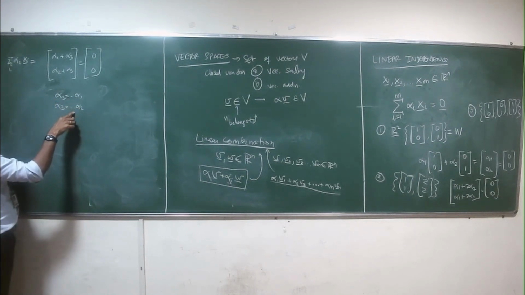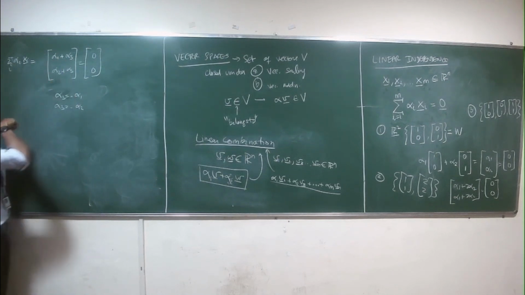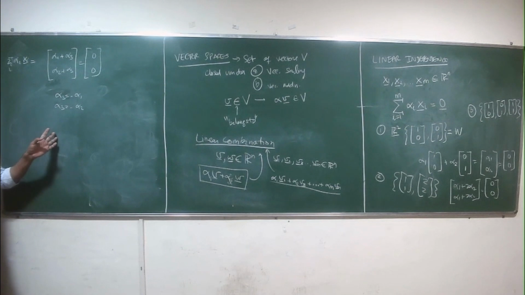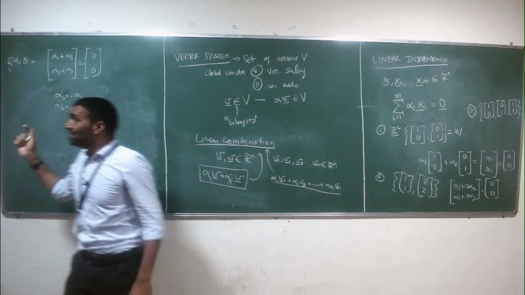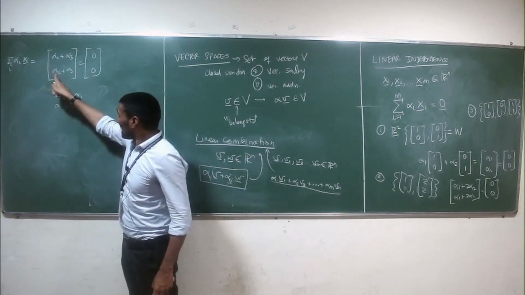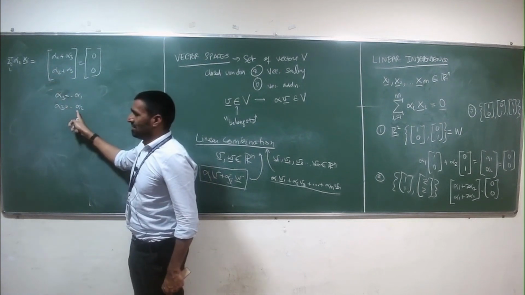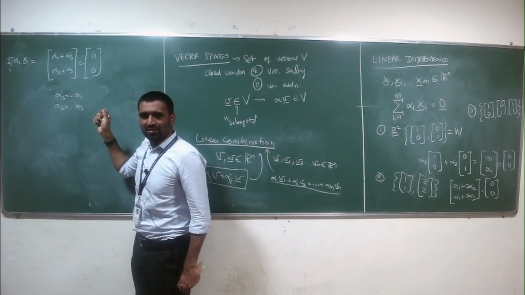You can only choose one of these values. That means I can only make one of these elements 0. The other cannot be 0. Is the argument clear? The only way this will be 0 is if alpha 3 is minus alpha 1. The only way this will be 0 is if alpha 3 is minus alpha 2. It has to be one of these.